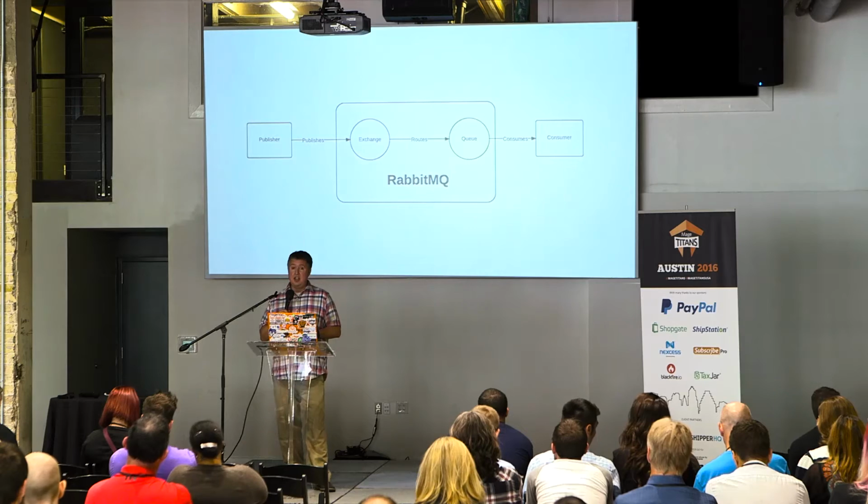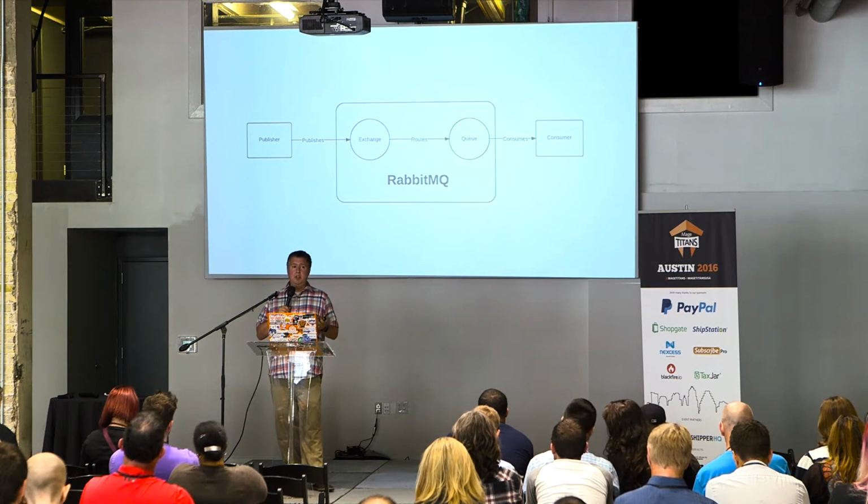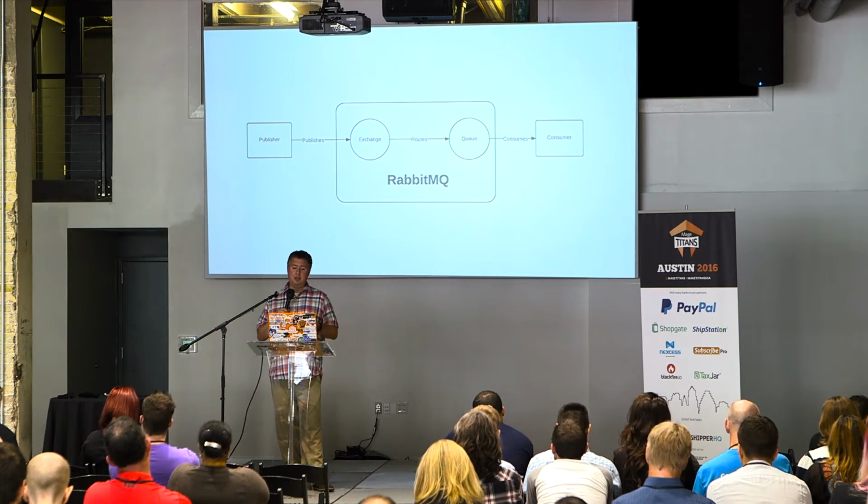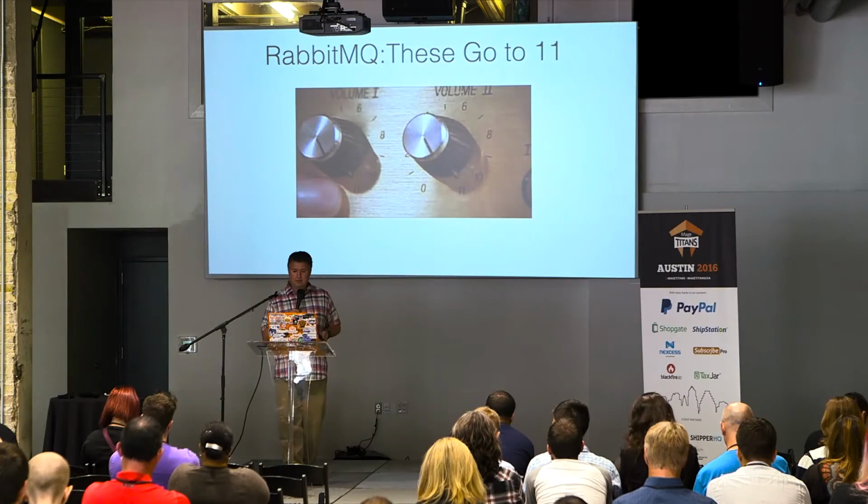It looks at the message, and we'll talk in a second about how it does that routing, but it takes that message and puts it into the right queue. Once that message is in a queue, the consumer, which again is just any piece of software that connects to Rabbit, will connect to that queue and consume that message. It will basically say, give me the next message in that queue, and pull it out of there.